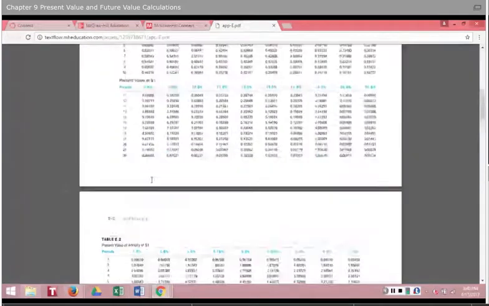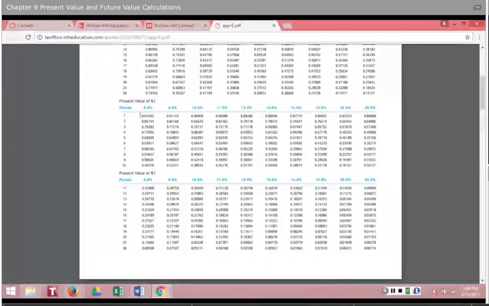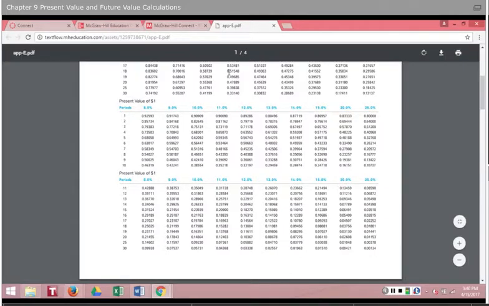Well, if we go all the way back to the present value of $1 table, we go to 10%, and we go to time period 3, you will see that we have 0.75131. So table 1 and table 3 are mathematical reciprocals of each other.